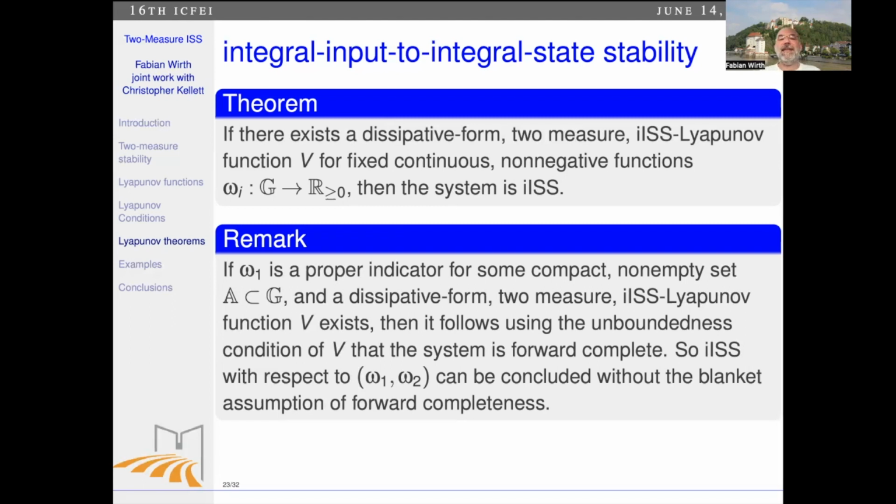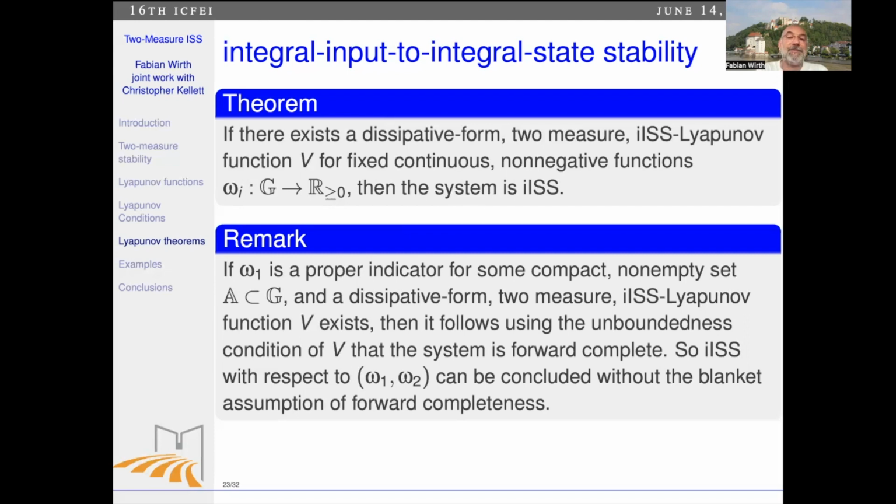In the sense that if omega-1 is a proper indicator for some compact non-empty set, then it essentially follows from the properties of the Lyapunov function, the unboundedness that is in the proper indicator property, together with the decay estimates that you get from integral input to state stability, that the system has to be forward complete, right?